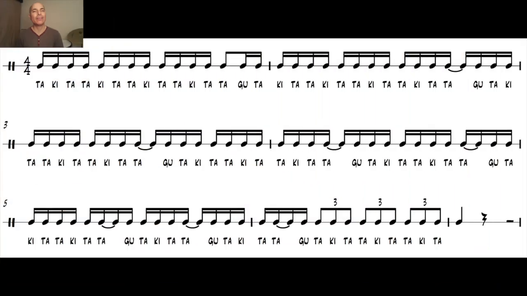And here's the whole thing, nice and slow. 1, 2, 3, 4, 5, 6, 7, 8. Takita, takita, takita, takita, tango. Takita, takita, takita, takita, tango.